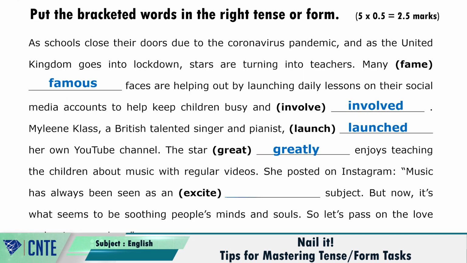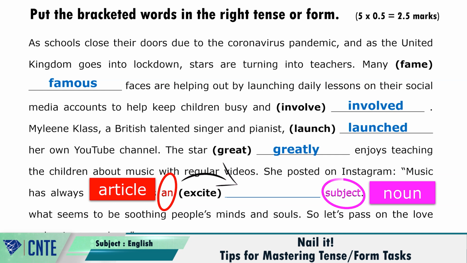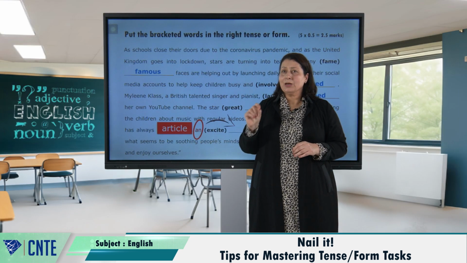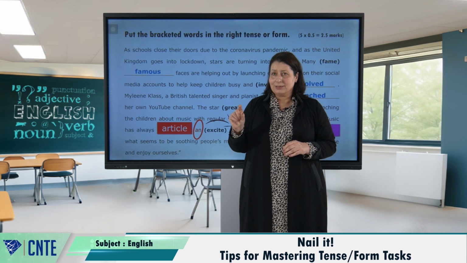Music has always been seen as an excite blank subject. Again, let's focus on the position of the word in the sentence. It is between the article an and the noun subject. So, what do you think? We need to have here. Yes, that's it.